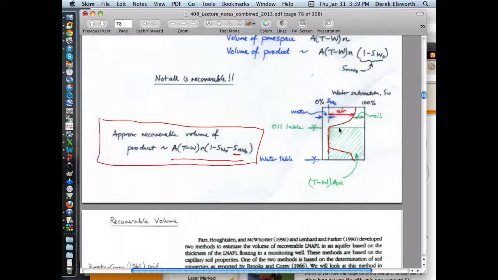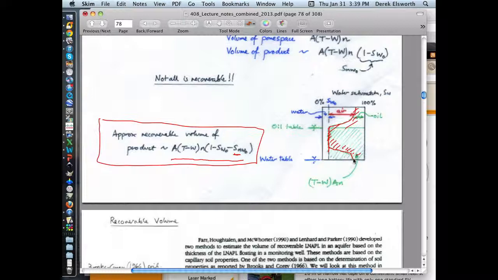So in the chimney above the oil table, you have this smear, and so it's a small percentage of saturation. It gets larger as you get to the oil table. It's almost 100%, but it's not because there's a bit of air or water left in the system. And as you get to the oil table, there's also a portion of water which is present because you're in this tension saturated zone. So if you like, the amount of oil in the system would look like this amount here.